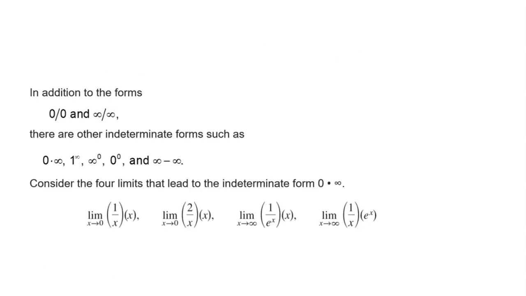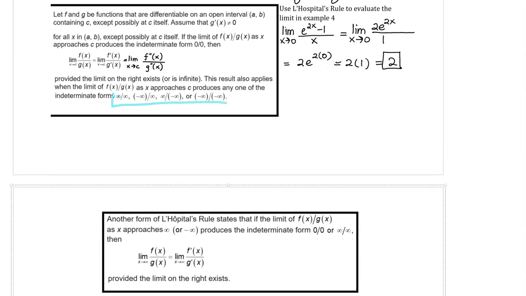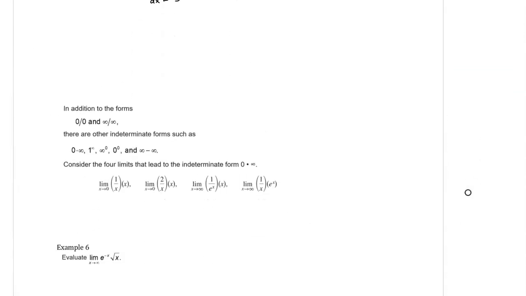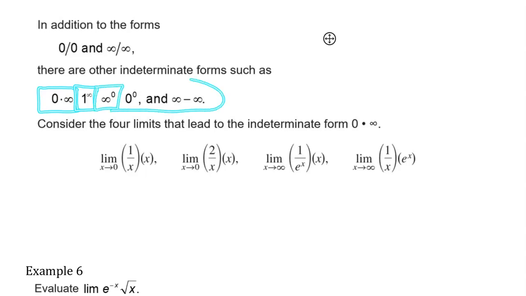So we've already discussed that we can use L'Hopital's rule for indeterminate forms of 0 over 0 or positive infinity over positive infinity. And remember, it doesn't necessarily have to be both positive infinities. You can use it on any combination of positive or negative infinity divided by positive or negative infinity. But those are not the only types of indeterminate forms. 0 times infinity, 1 to the infinity, infinity raised to the 0, all of these are other types of indeterminate forms.